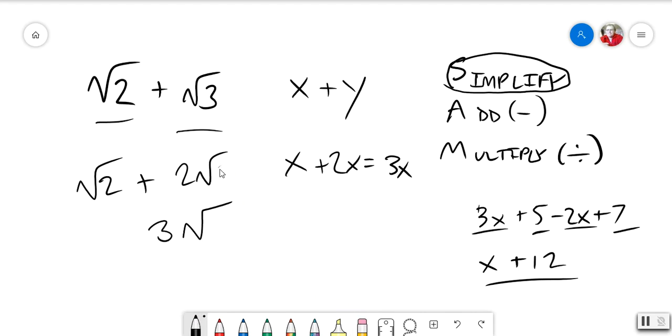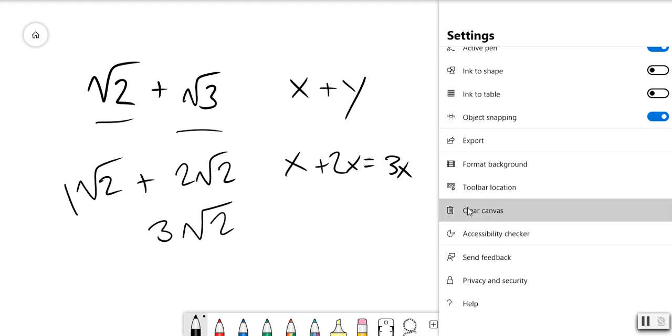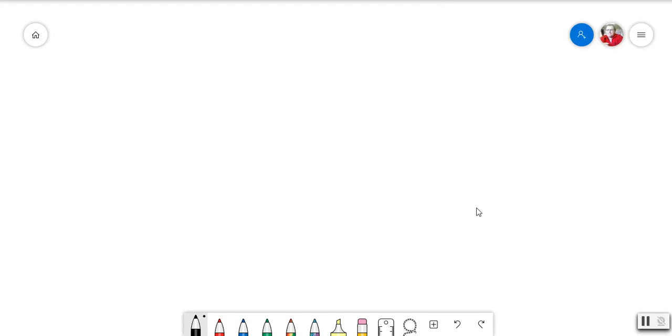No problem. The square root of 2 plus 2 root of 2 gives 3 root of 2. This is understood to be a 1. Okay. We've talked somewhat already about simplifying roots, and this is basically what you do with these kind of things. So let's look on page 298.